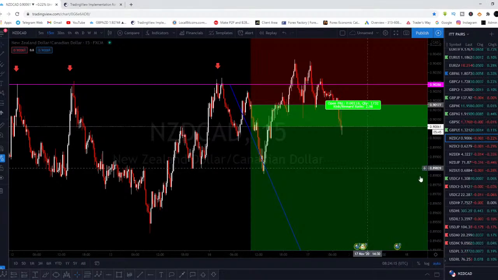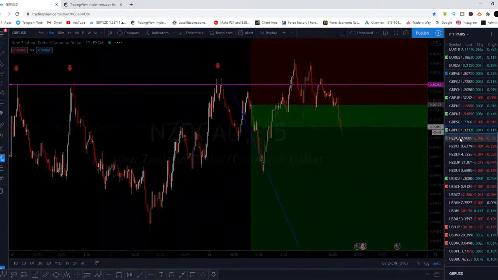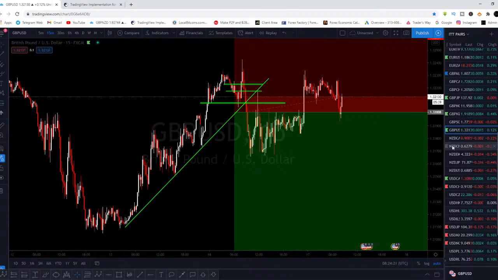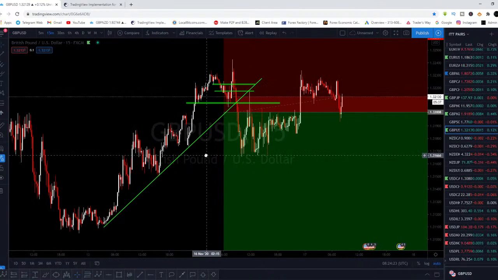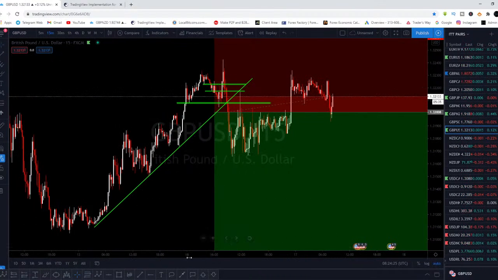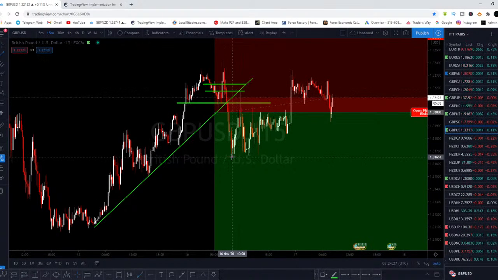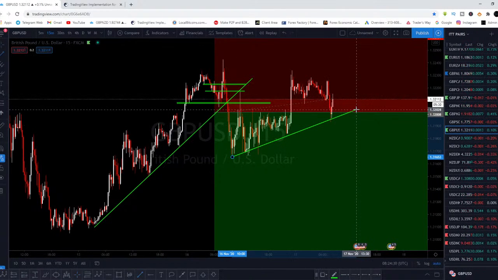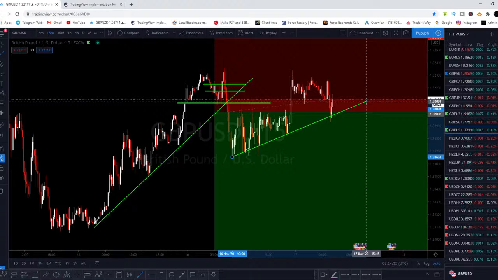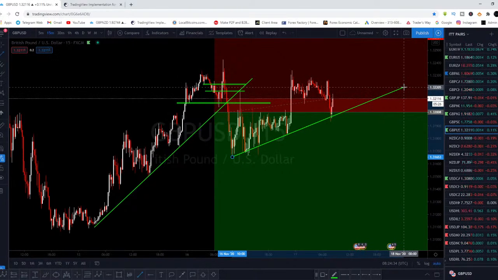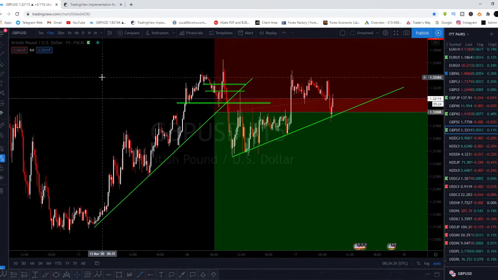We are going to start from where we stopped yesterday, according to what I'm doing right here. Everything's still intact, but I'm seeing GBP USD reacting to this zone, reacting to this trend line. Do you guys observe something like that?